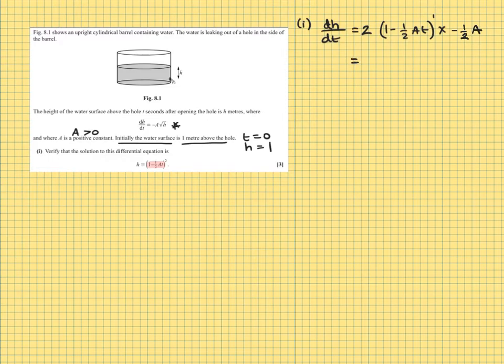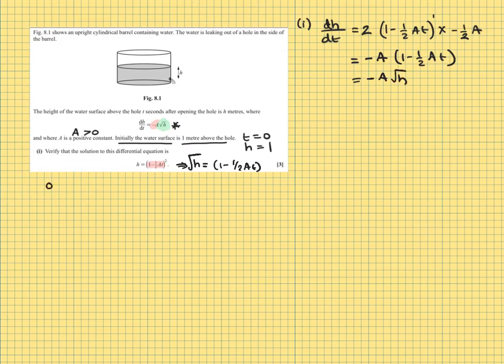So this then gives me negative a bracket 1 minus a half a t, and you can see that we have the negative a part here, and we have the square root of h, because of course if h is this statement here, the square root of h is 1 minus a half a t. So this is negative a root h.